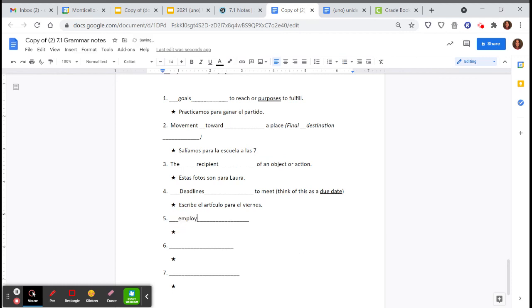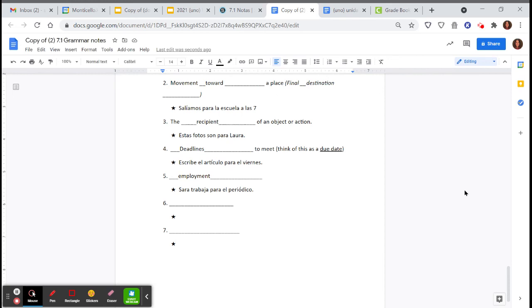Cinco, we have employment. So our example here, Sara trabaja para el periódico. So she works for the newspaper. Or let's say you say, yo trabajo para Target. I work for Target. Seis, opinion.